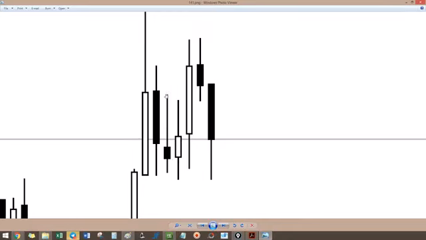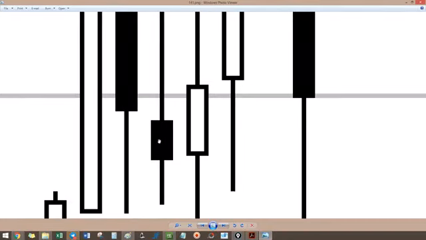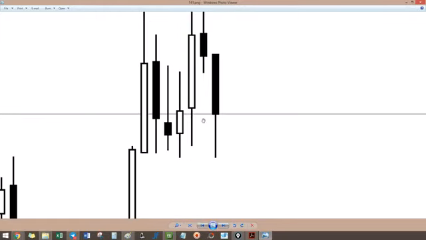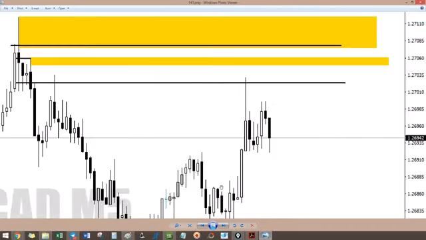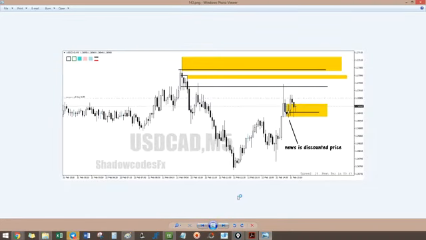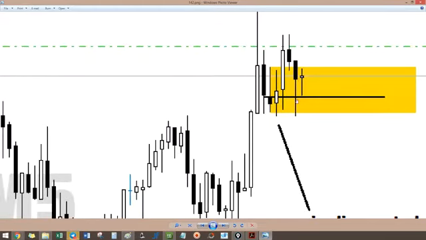But this black candle, okay, is already considered a base. And it also got a rejection over here. Okay, so what I do after that, I just do an instant entry after the rejection.